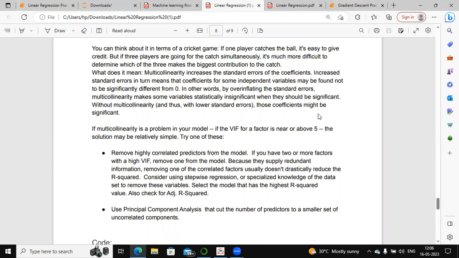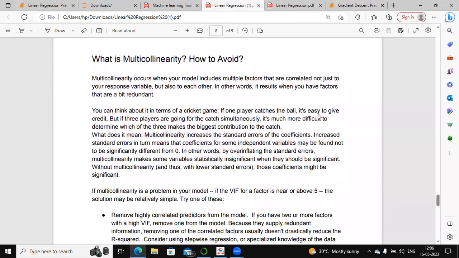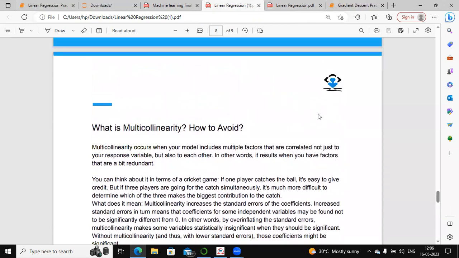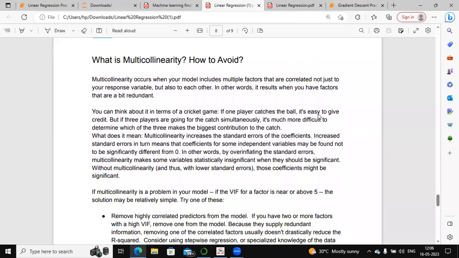Let's apply the ordinary least squares algorithm, and also apply the statsmodels OLS and the machine learning linear regression model as well. And we will find the best fit line for the data samples that we have taken.